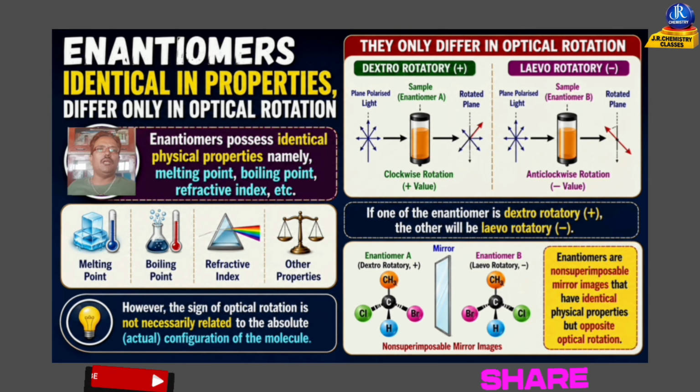If one of the enantiomers is dextrorotatory, the other will be levorotatory. However, the sign of the optical rotation is not necessarily related to the absolute actual configuration of the molecule.